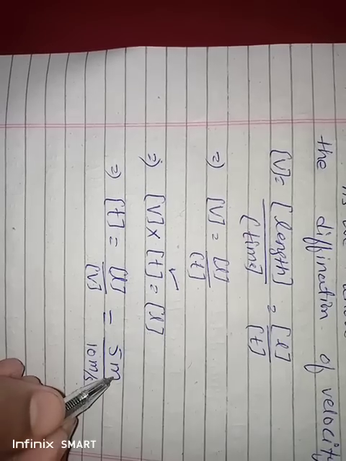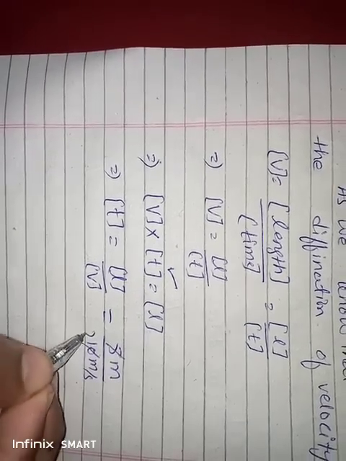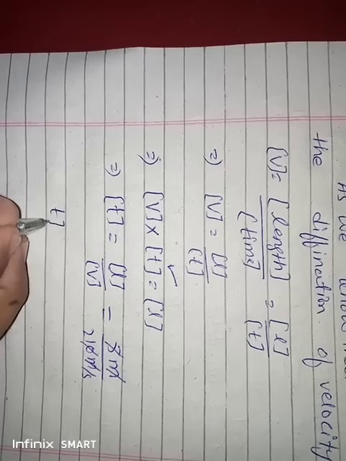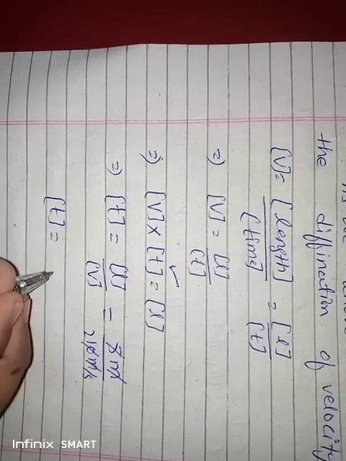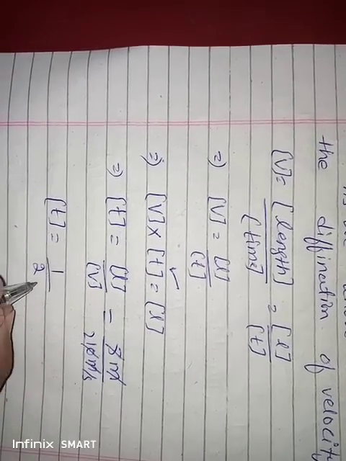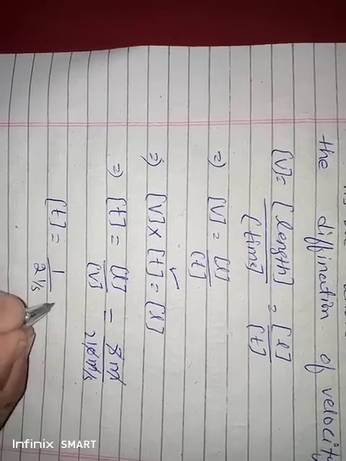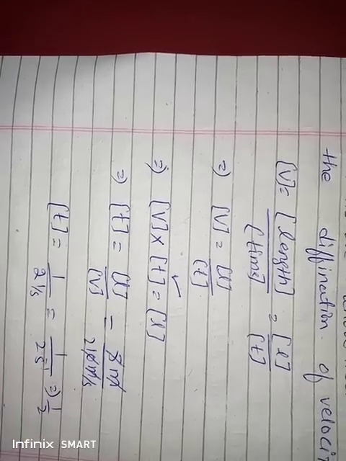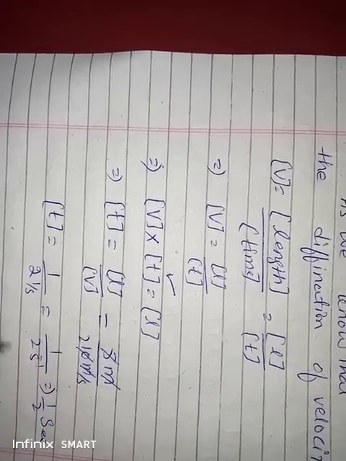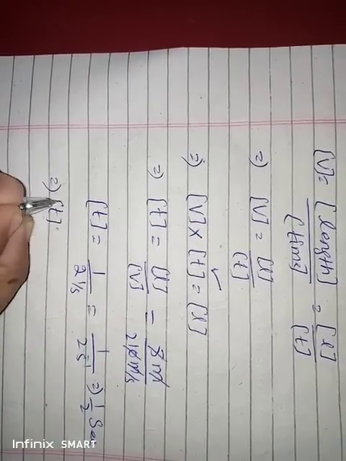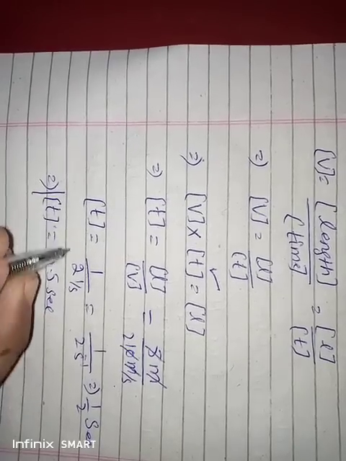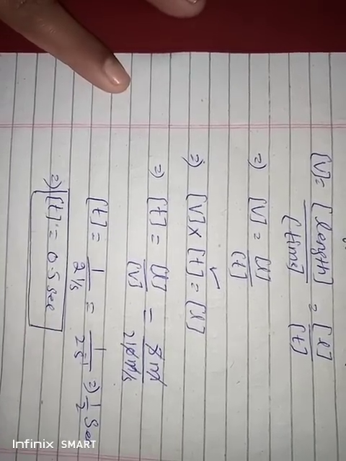By cancelling 5 with 10, we get 1 by 2, and meter with meter, so time T is equal to 1 by 2 s power minus 1, which is 1 by 2 second. Finally, time will be equal to 0.5 second. This is the answer for time T.